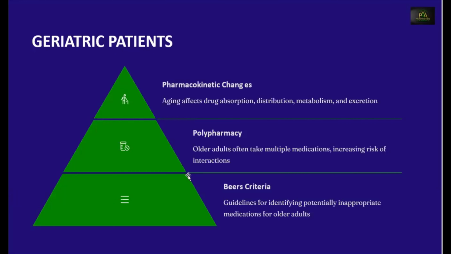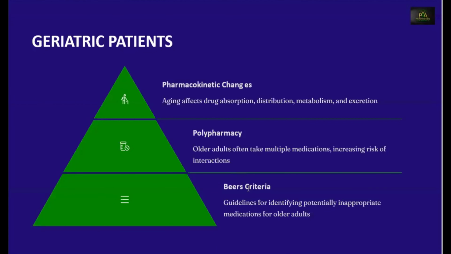So that is why it's very, very important to start from a low dose before going to a high dose. And also, they are at risk of polypharmacy, because this patient may be taking multiple medications. And like we said, some of those medications can interact with another medication. So medication reconciliation is very, very important.